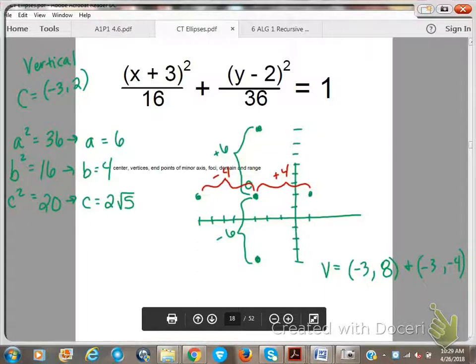So for our endpoints, starting from the center, do we change the x value or the y value? The x, okay. So if we start at -3 and add 4, where does that put us? -7, 2. If we add 1, 1, 2, and then yeah, the other one would be 1, 2. Good.